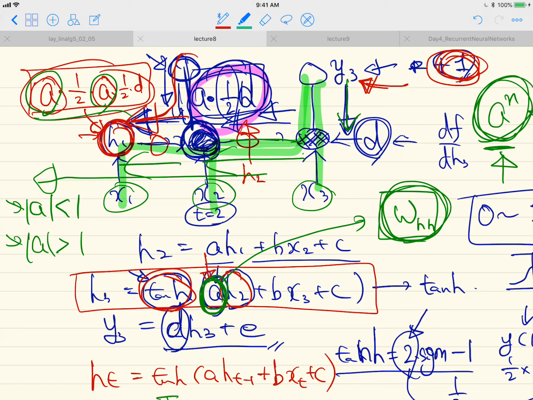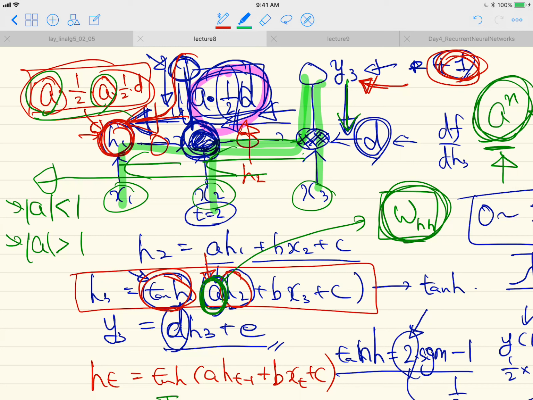Reversing, or this backpropping over the time steps towards the earlier time steps, is called backprop through time, right? And here in this example, we consider this gradient explosion and vanishing problem.